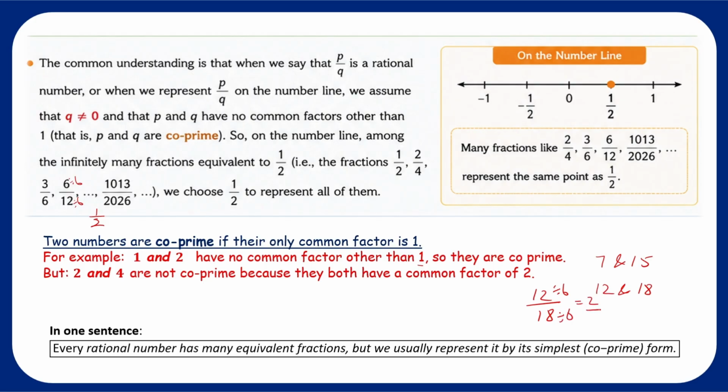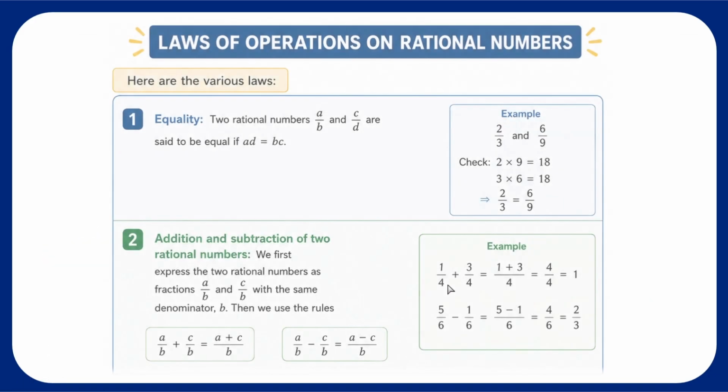This would be reduced to 2/3. So 12 and 18 aren't co-prime, but 7 and 15 are co-prime because they just have one common factor, which is 1. So hence every rational number has many equivalent fractions, but we usually represent it by its simplest co-prime form. So the fractions have to be in its simplest form.